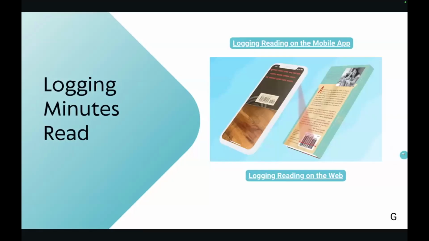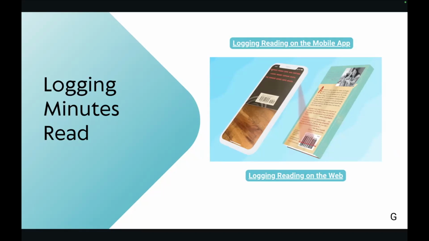So let's talk about how we log minutes. So it's super easy. Every book on the back has what's called an ISBN. And if you've grocery shopped and used a scanner, you've seen something very similar. You can use the camera on your phone to scan the ISBN number and it will automatically upload.